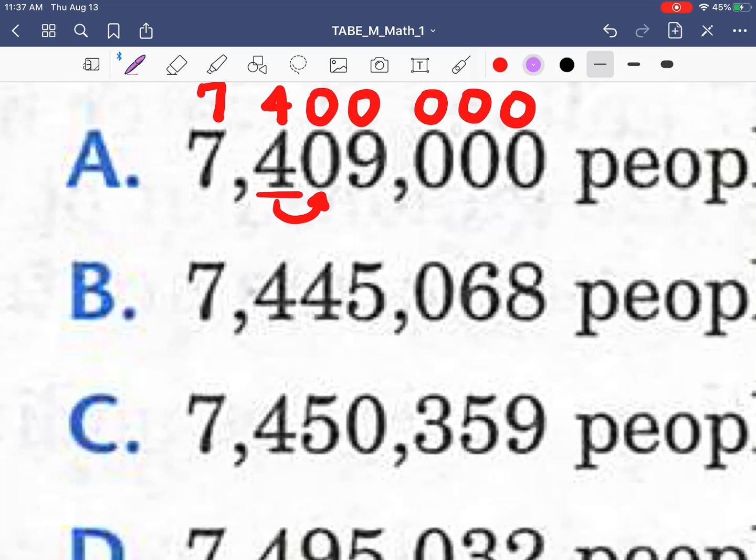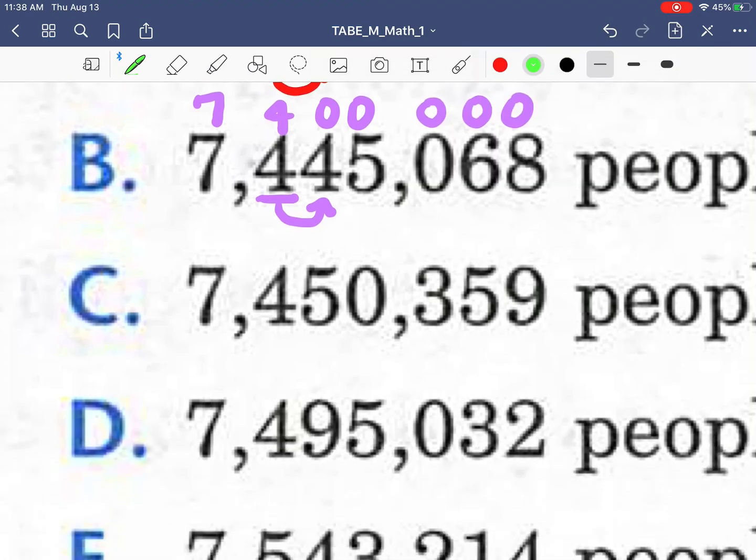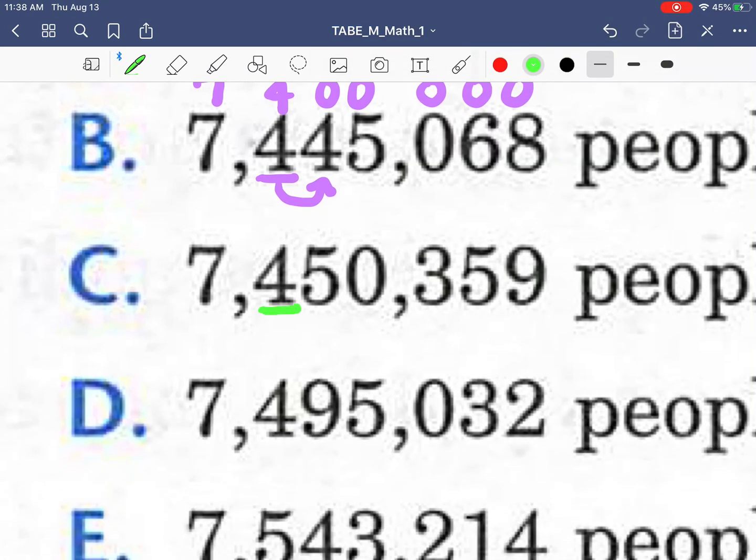B. 100,000. Neighbor says stay. Leader doesn't change. 100,000. Neighbor says round up.